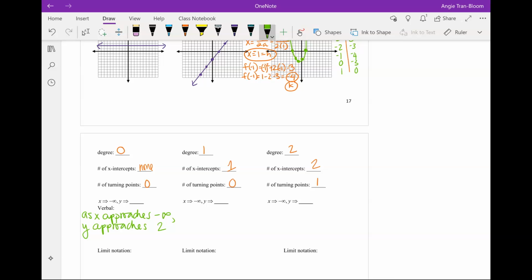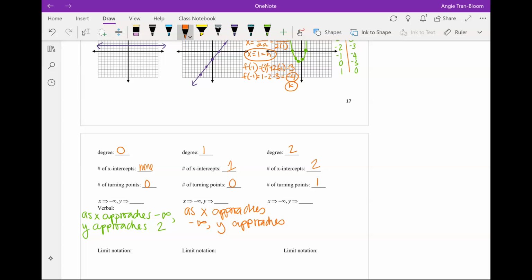Any question on that so far? Okay, so then we'll take the line. As x, I'm going to use a different color. So as x approaches what? Negative infinity. Y approaches. Okay, so the line is slightly different.